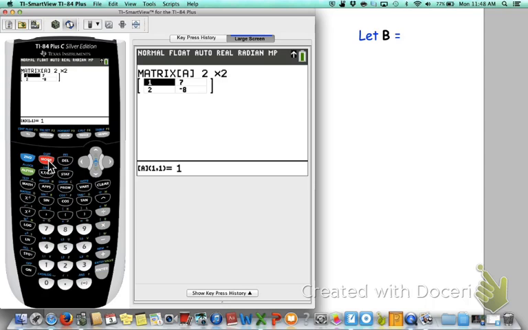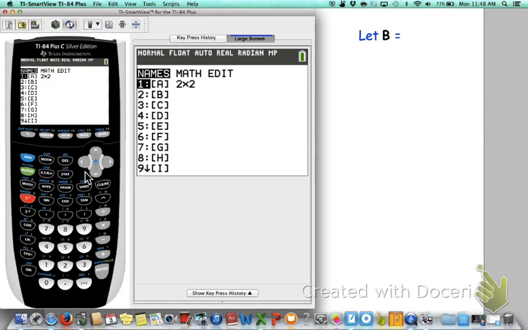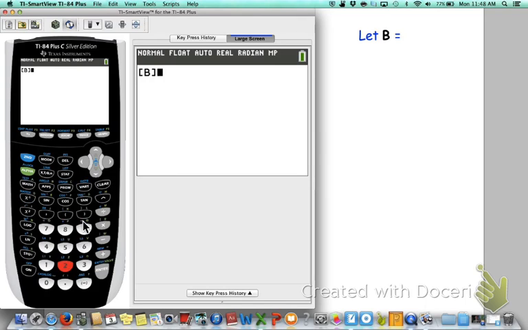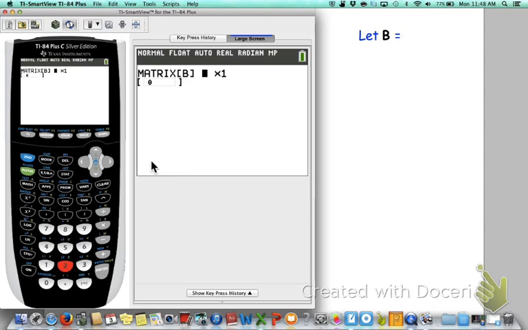So then quit out, and we got to make a second matrix that stands for B. So I'll actually call it B in this example here. So over to edit, B, and that's going to be a 2 by 1, and that was 0 and 22, I think. I'm running off of my memory here.